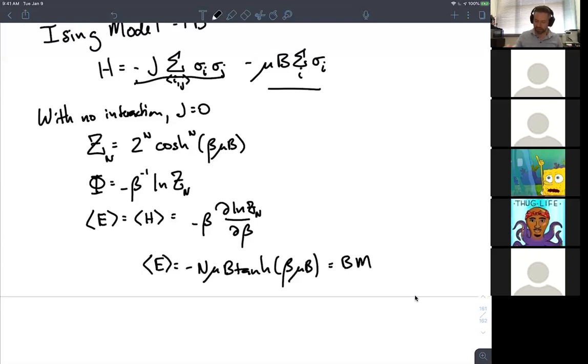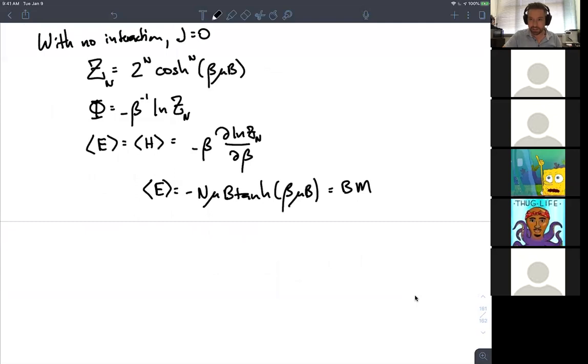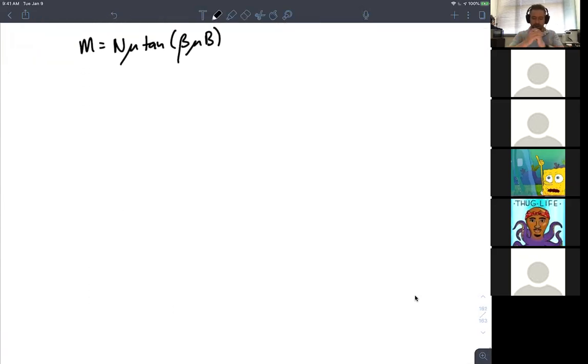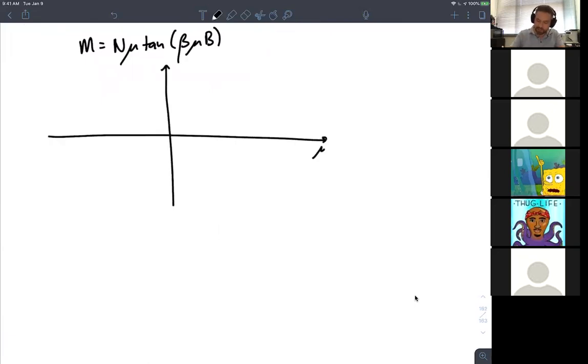In other words, once you know the average energy, you also know the magnetization. Our expression for the magnetization was, actually I missed a minus sign there, I believe, N mu tanh of beta mu B. Again, what this looks like: we had mu B on this axis, magnetization on this axis.